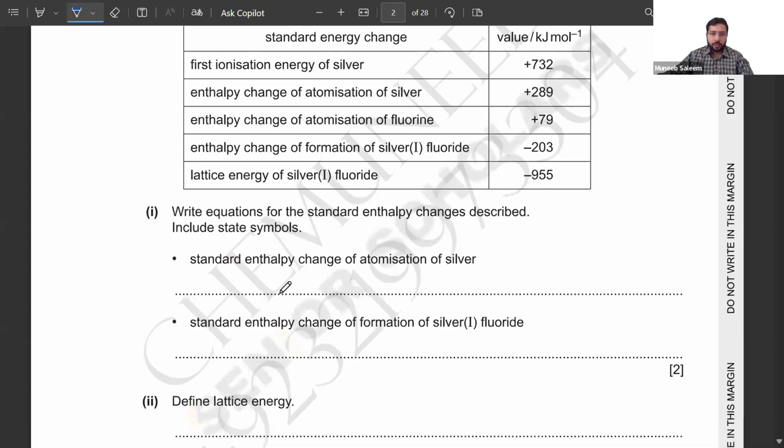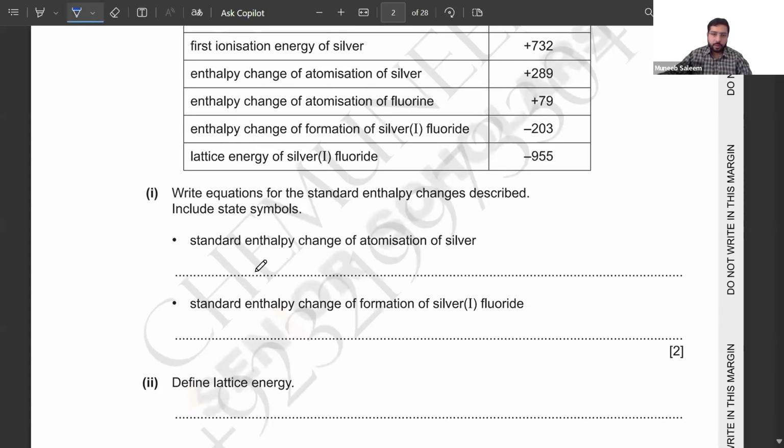So the equation for enthalpy change of atomization of silver is: Ag must be indicated in its solid form, and then it must be converted into the atomic form of silver. So Ag is now converted into its gaseous form.